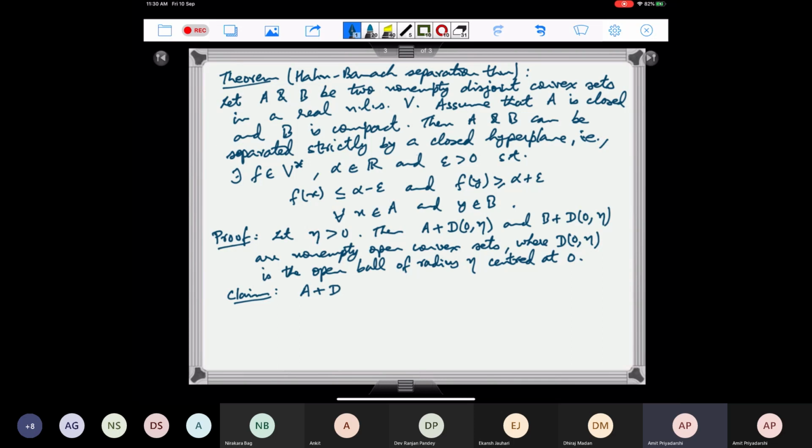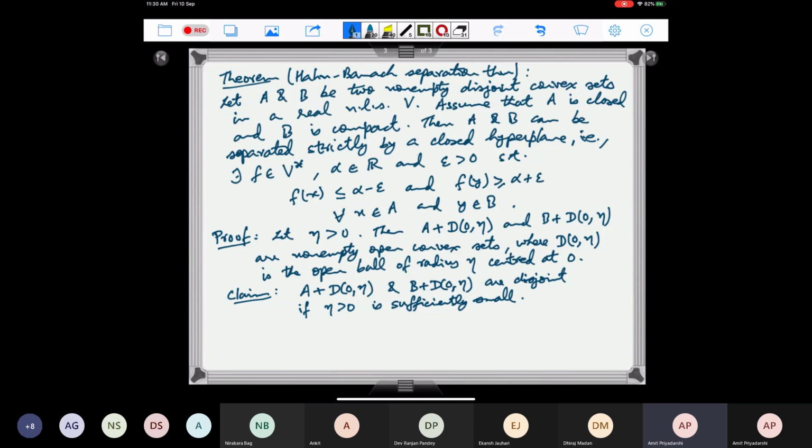A plus D0 eta and B plus D0 eta are disjoint if eta greater than 0 is sufficiently small. Then we will choose that eta and then work with that.